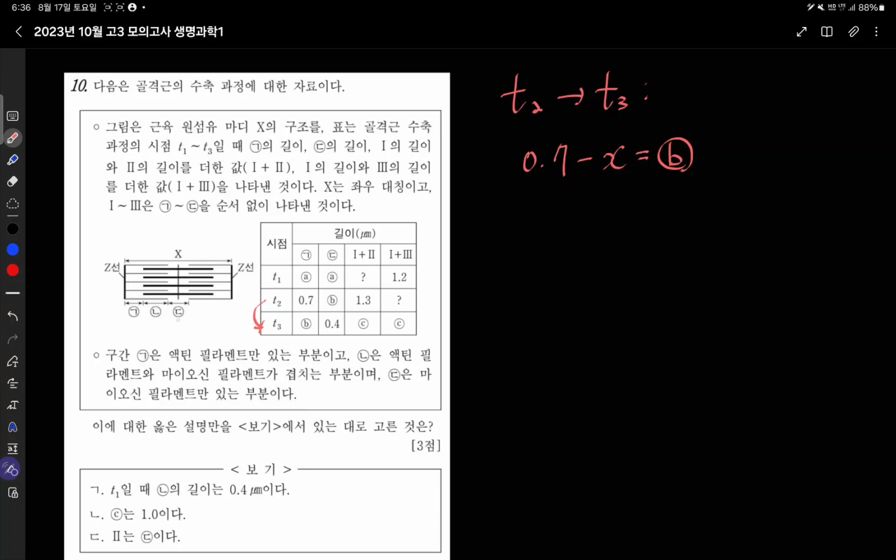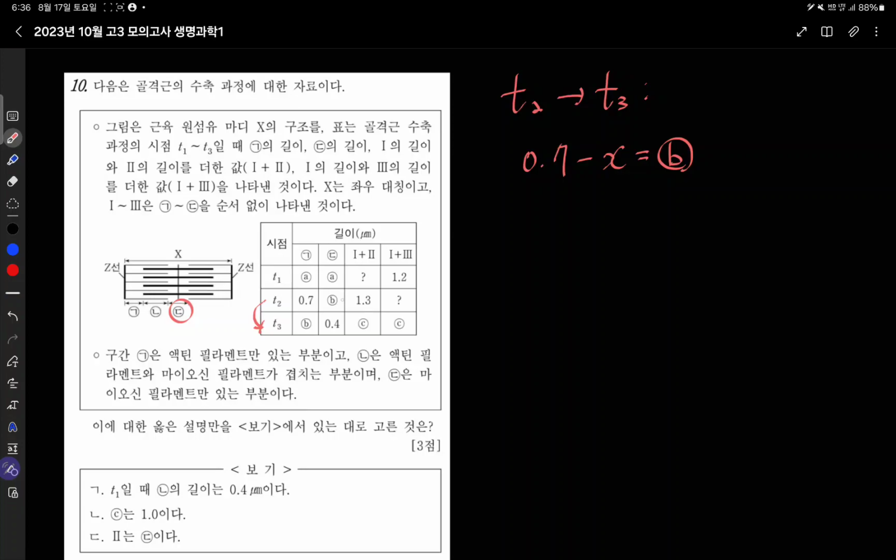And then for the third part, because it shortens in both the directions, if it shortens one side by X, it will be shortened by the same amount on the right side.